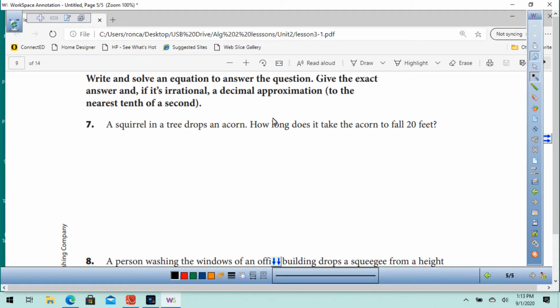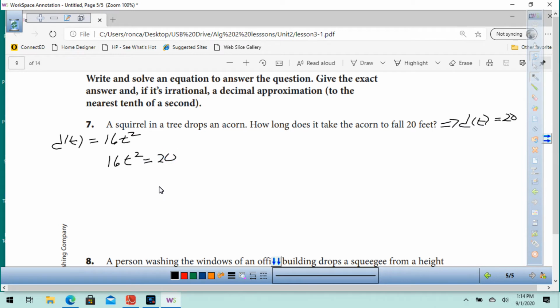Well, if you remember back from the lesson, it gave you d of t equals 16t squared. Now it's saying that d of t equals 20. So to find out what t is, we're going to have 16t squared equals 20.